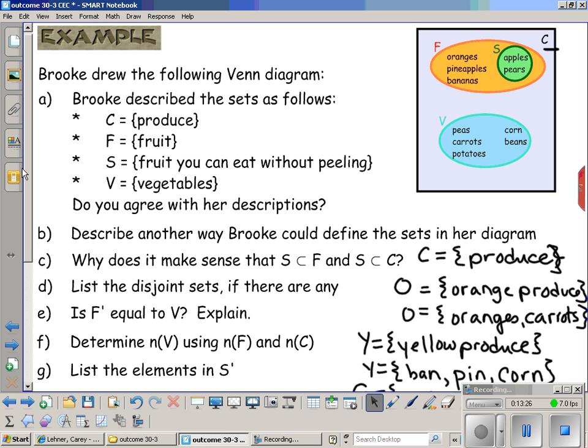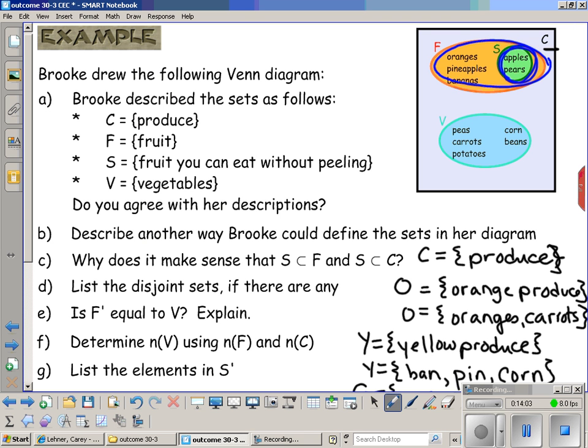C. Why does it make sense that we say S is a subset of F and F is a subset of C? Now remember what a subset means. It means every element that's in the set is also in the set of the larger one. So if we're saying S is a subset of F, all of the elements of S must also be in the set F. Makes sense because if we look here, apples and pears are also in our set F, which is fruit.